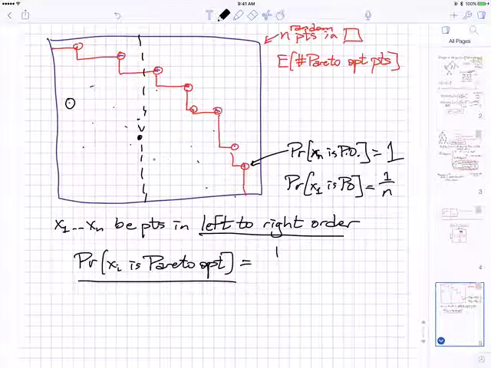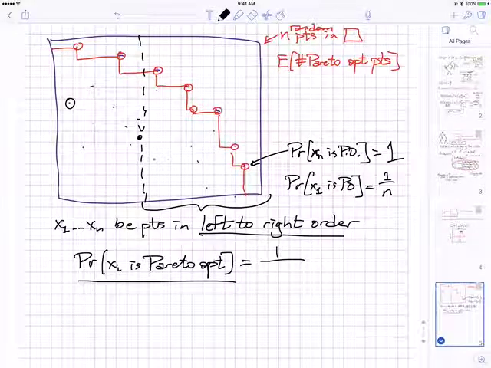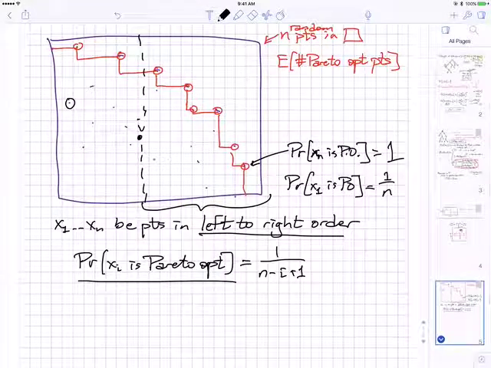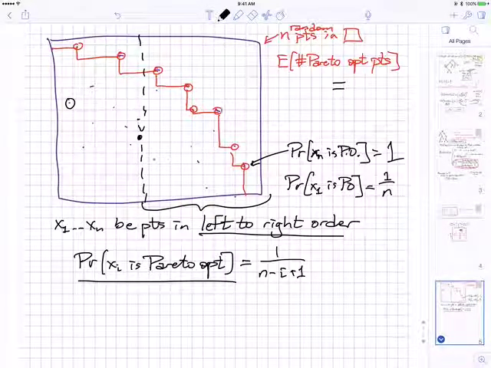This is 1 over... well, out of all of these points, point i has the largest y-coordinate. How many points is that? That's n minus i plus 1. And now, if I sum up this over all i, any guesses? Yes.